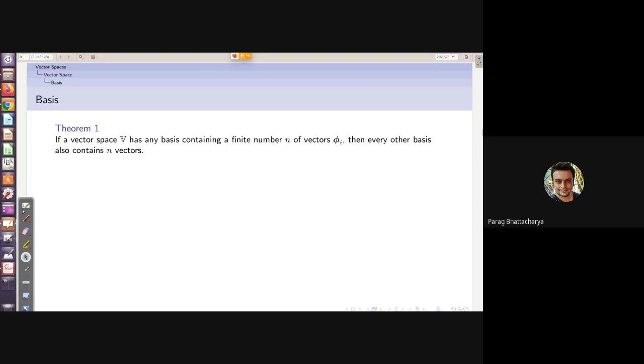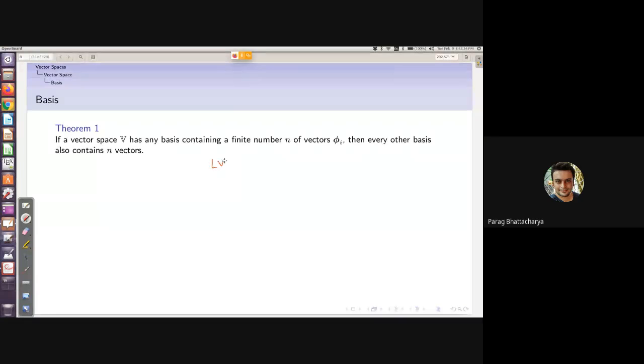To explain this, for instance, let us take three-dimensional space. The linear vector space will be all vectors in 3 dimensions. So what are the possible bases?